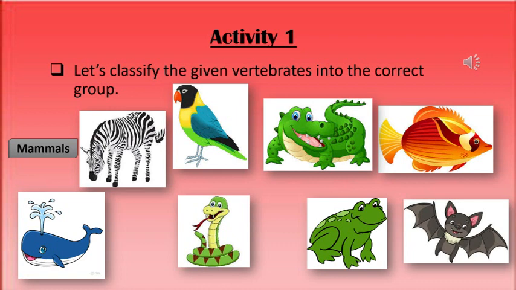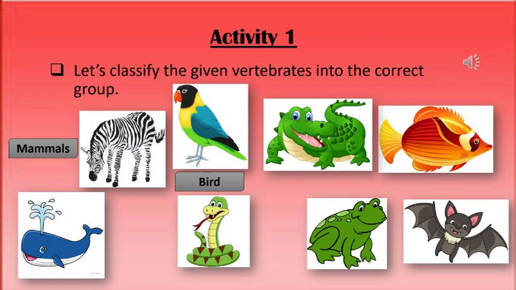And in the second picture, it is a parrot. Which group does the parrot belong to? Birds. Why does the parrot belong to the bird group? Because the parrot has a beak, and they have wings, and they can fly.